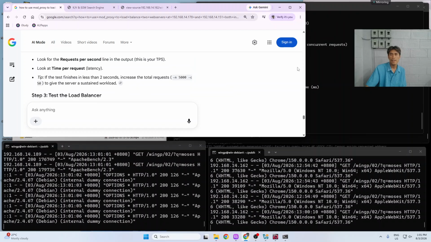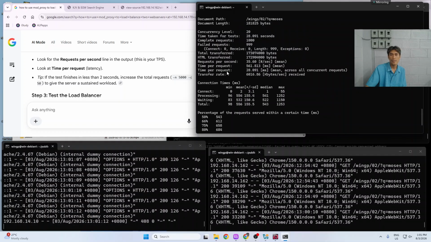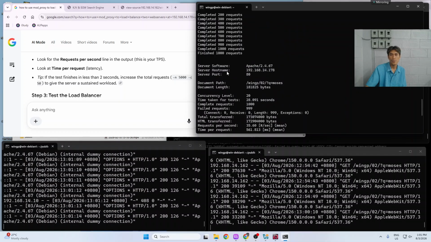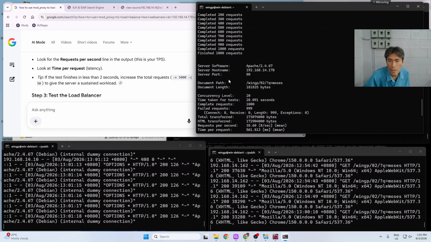So, finally, it finished. Transactions per second. Where is the transactions per second? Requests per second.